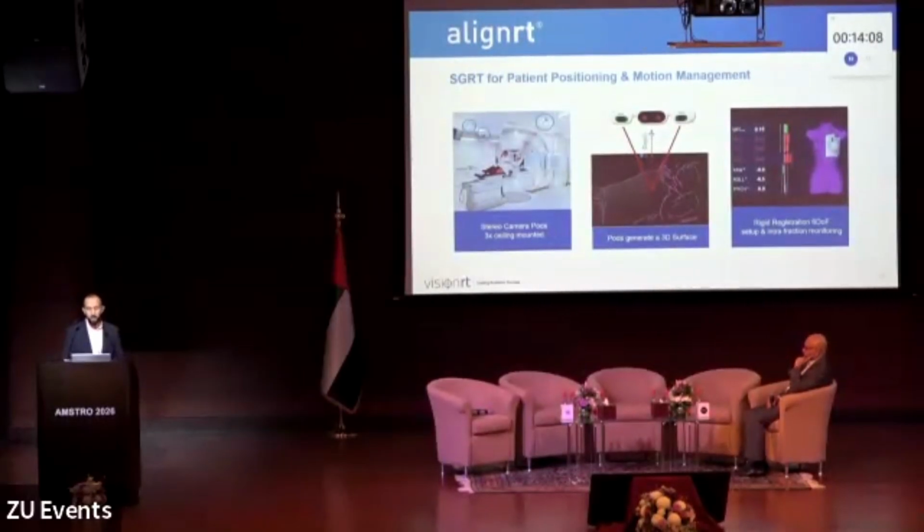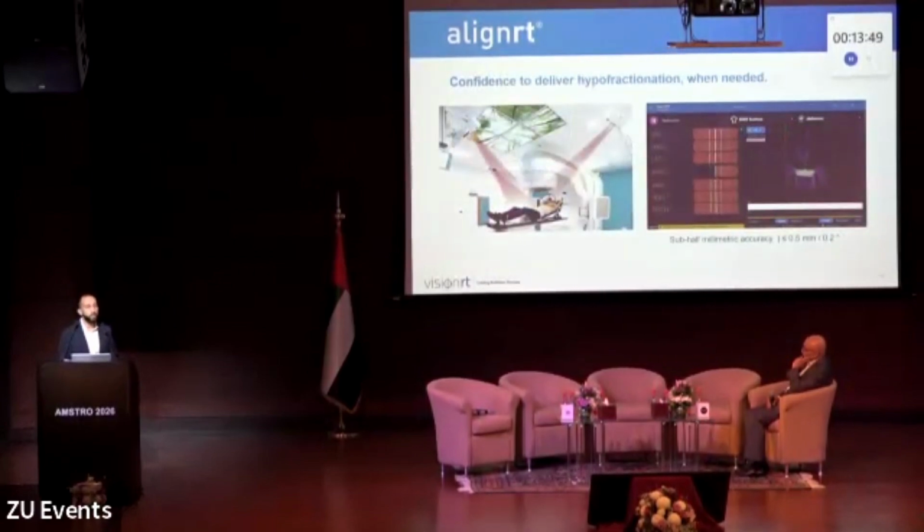It's a stereoscopic camera that also uses a stereoscopic projector to project a speckled pattern of light onto the surface of the patient, and then we can have the surface of the patient. We can use this surface for the setup, of course, a setup with no tattoos and no markers.